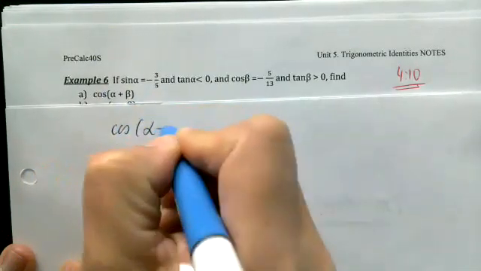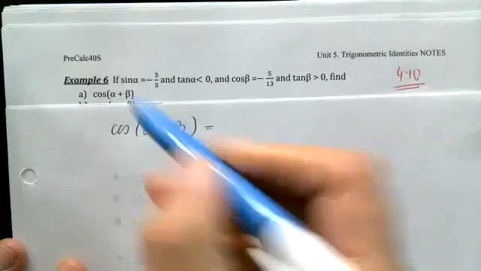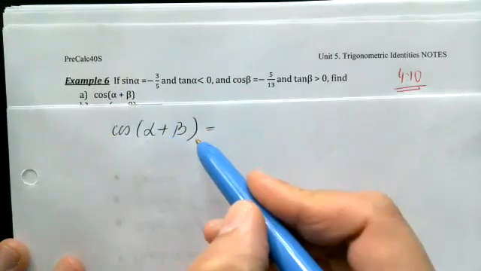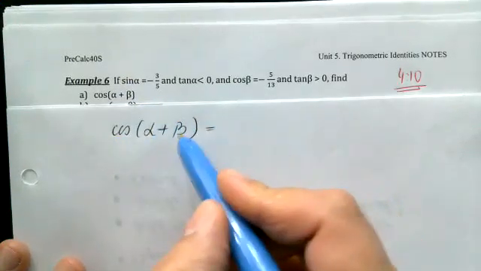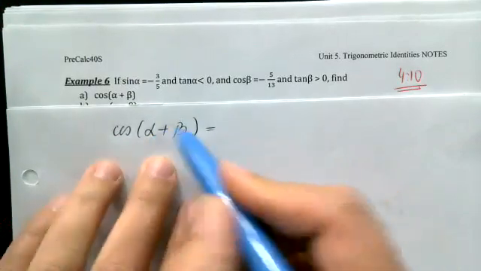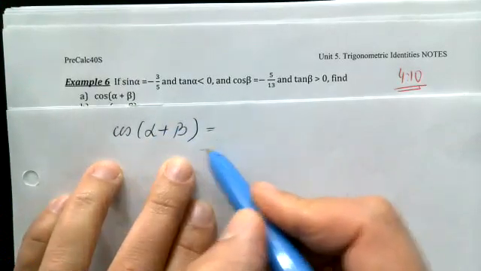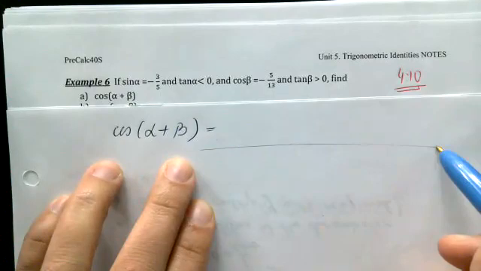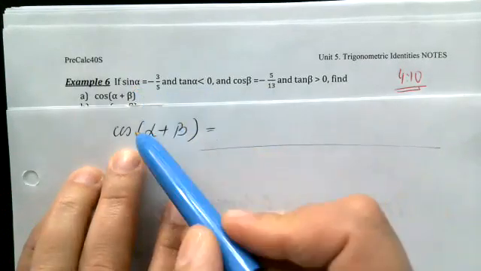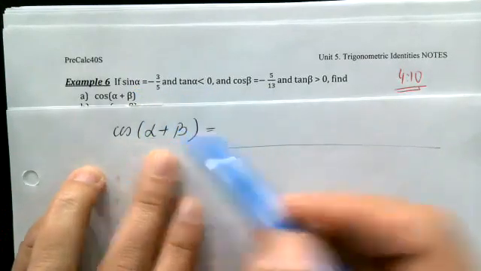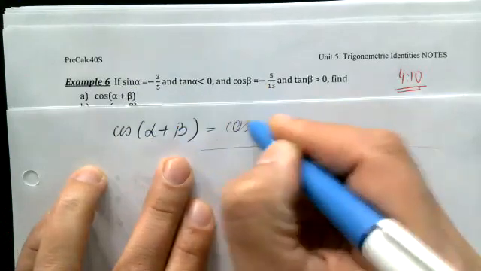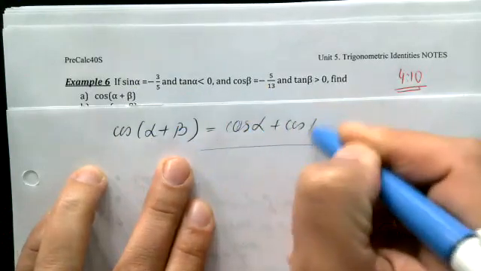Cosine of alpha plus beta. Now, when I see what's asked of me, cosine of an addition, I know that the only way to find that is basically expand it, right? Because I can't just say cosine of alpha plus cosine of beta.